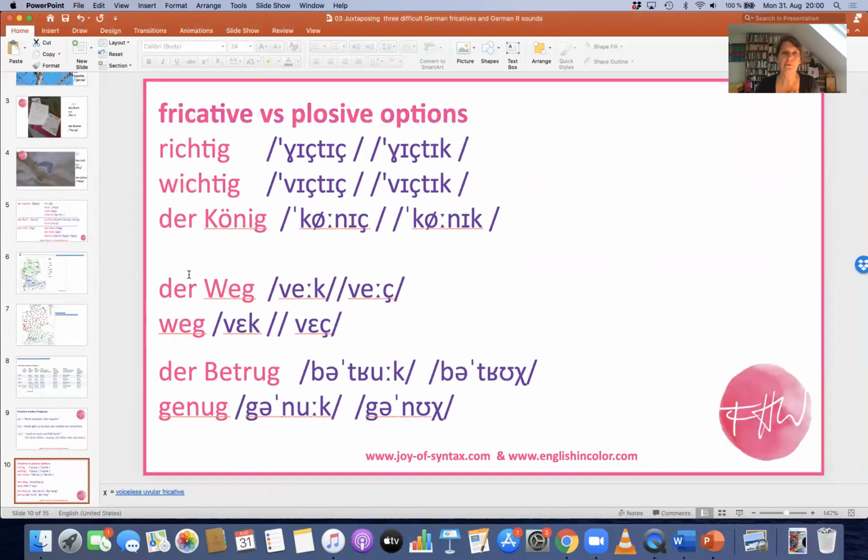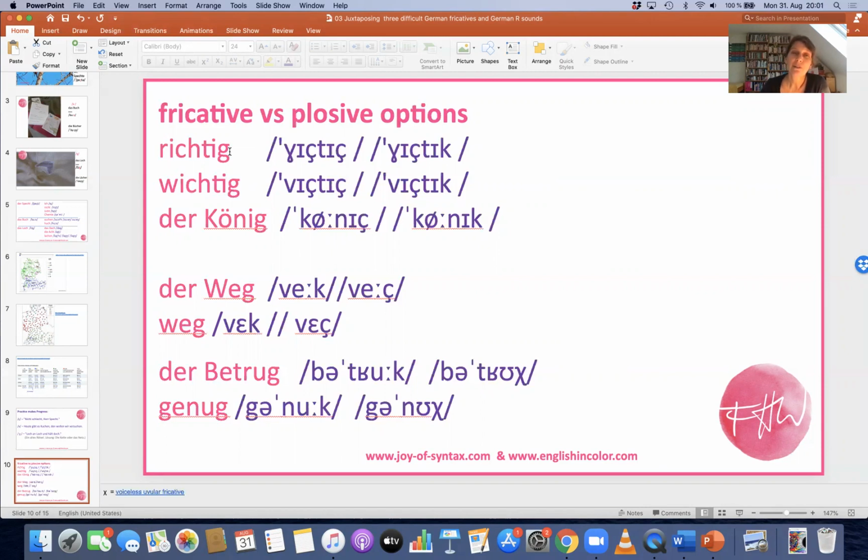Now, before we move on to the R sounds that are related to these fricatives, or 2 of them, there are some words where you have a distribution of fricatives and plosives. For example, these three words, richtig, wichtig, and der König, in standard German, they are spelled with a G, and the letter G often represents a voiced or voiceless plosive.